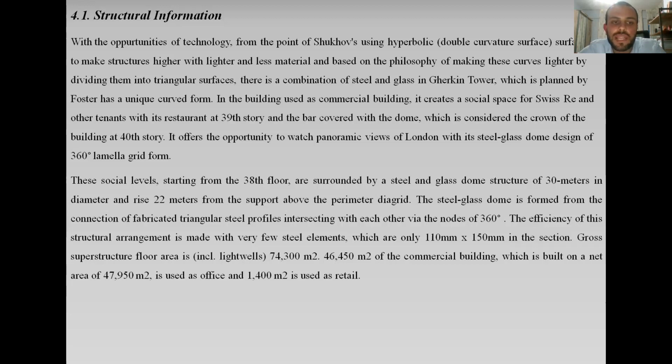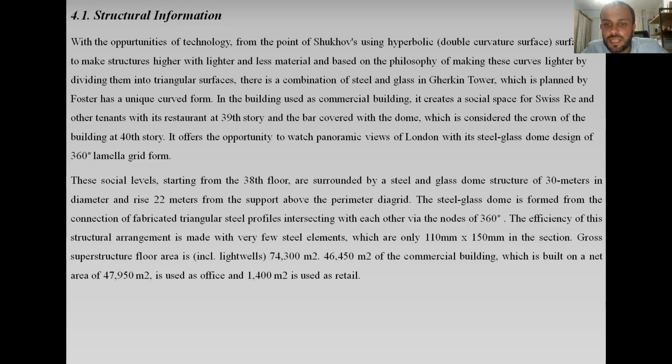360 lamella grid form. These social levels, starting from the 38th floor, are surrounded by a steel and glass dome structure of 30 meters in diameter and rise 22 meters from the spots above the perimeter Diagrid.